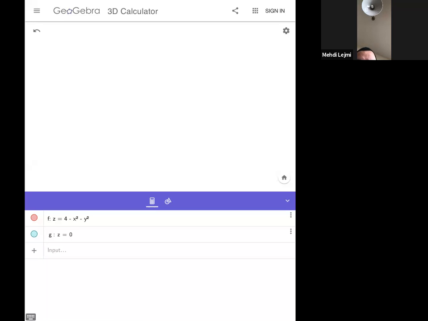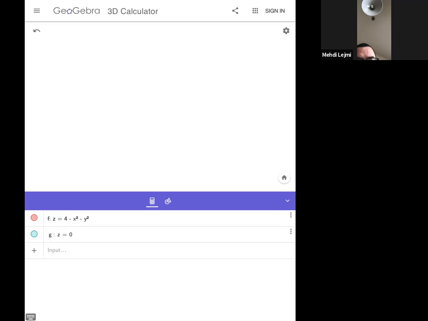The xy plane is just the blue plane, right? So that will be our solid S. It's bounded by the paraboloid and the xy plane.